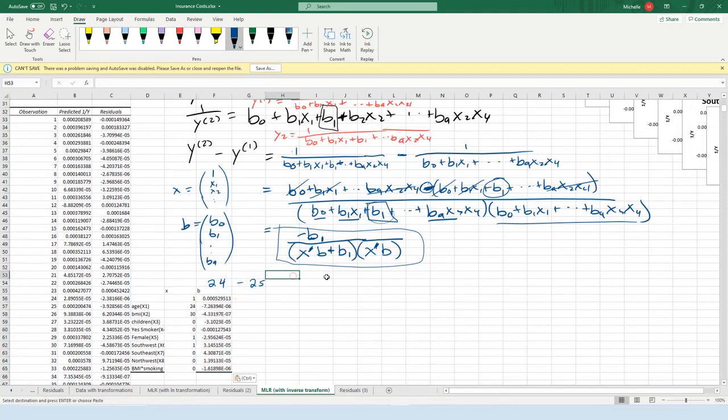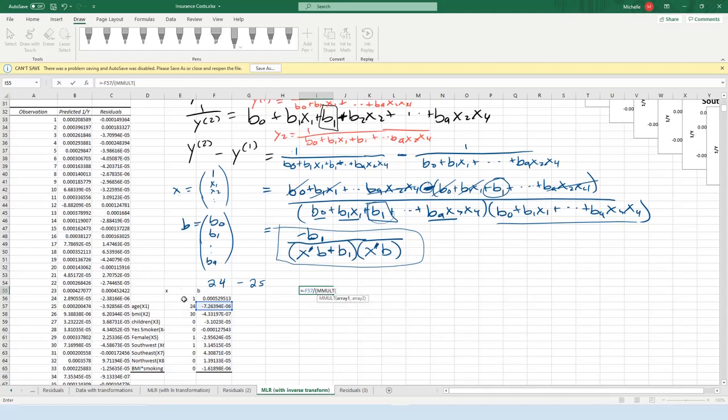All right. So what's happening here? Negative. So let's go ahead and do this formula. So I have negative B1. This is B1 divided by, let me use parentheses. And then let's do X transpose times B. Okay, so that's matrix multiplication.